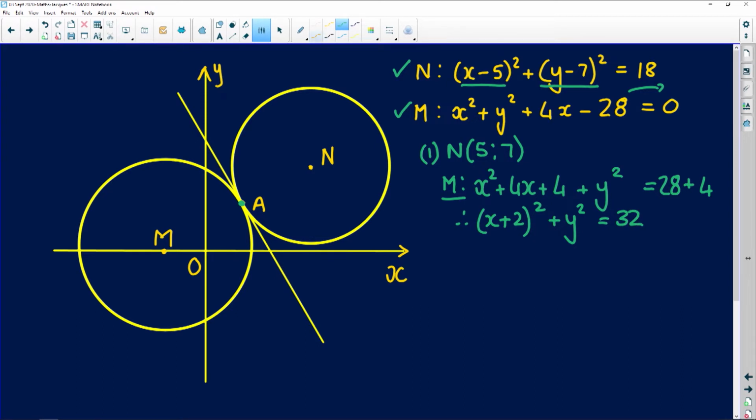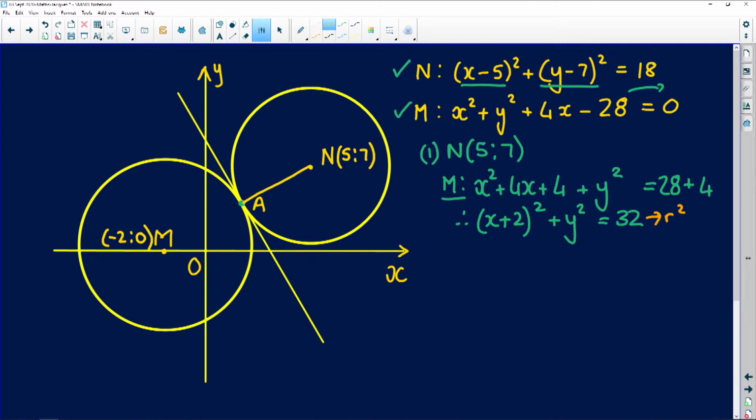Now remember, this here is the radius squared. So the center for point N would be 5 and 7. And for point M is minus 2, and because it's on the x-axis, the y value is 0. So if we need it, we know what this radius is.